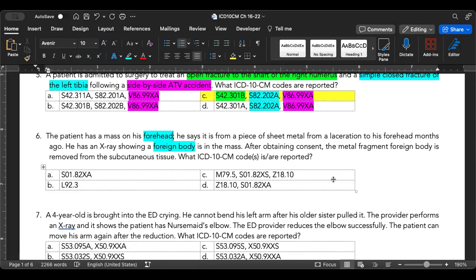So what is our code for that retained fragment of metal? Z18.10. Correct. Does everybody see Z18.10 for that foreign body or that retained foreign body fragment of metal?